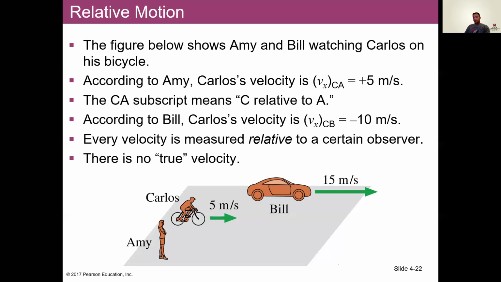So we have been working with relative velocities all the time. We have just made it easy by putting one of the objects, or one of the persons, or one of the reference points, generally speaking, to be at rest.